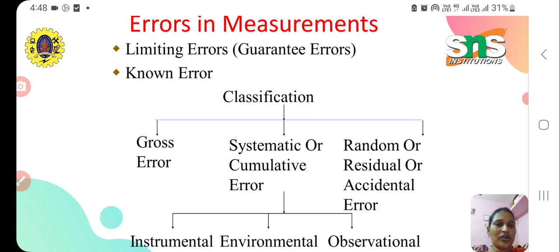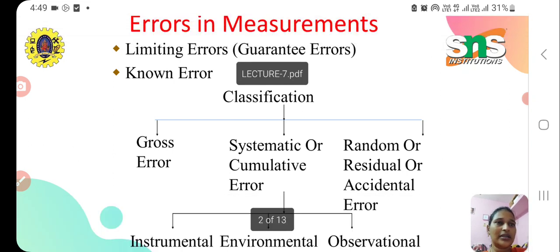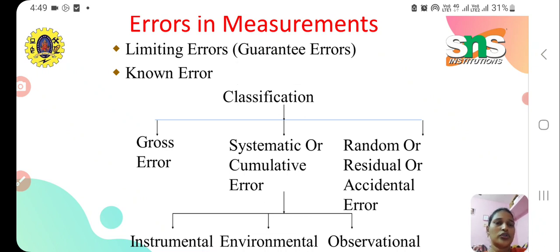So we cannot avoid a certain percentage of error in the quality of any device. That lag in the quality, you take it as error in the measuring device, and those errors are called limiting errors or guarantee errors.